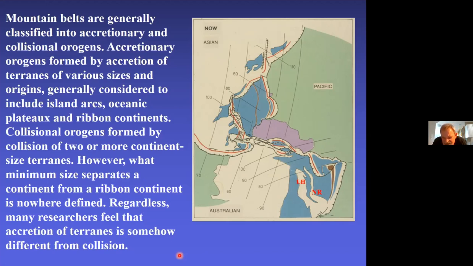What you also see is that Australia in the western part is on the verge of colliding with Sundaland, which forms part of Eurasia. So basically the start of a continent-continent collision. But the collision will not be finished soon because there's still lots of oceanic lithosphere to its west. So this orogen will become an accretionary orogen, but it also involves all kinds of continental material. So the problem is where to draw the line.